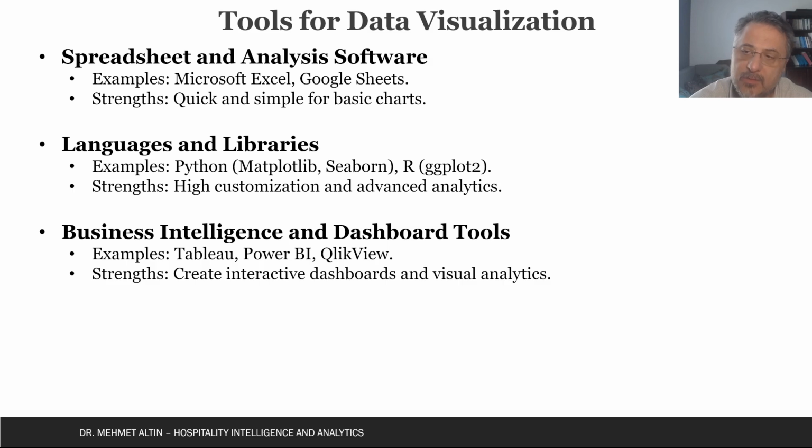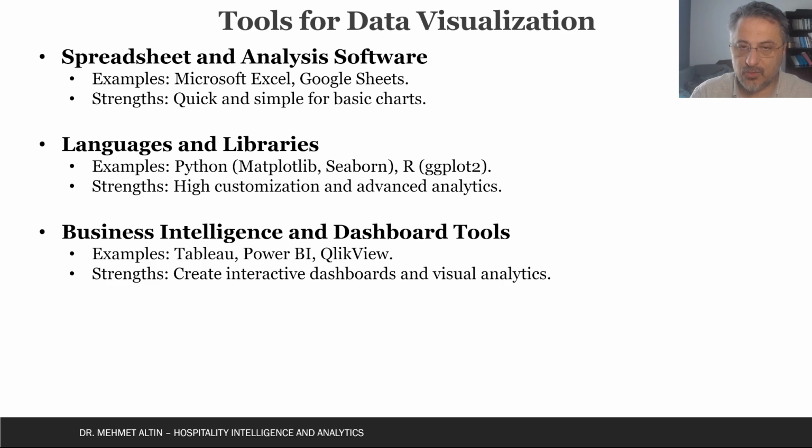Now that we covered the basics of effective visualization and showed you some different graph examples, let's look at some of the tools you can use to create them. These tools range from simple spreadsheet software to advanced programming libraries.